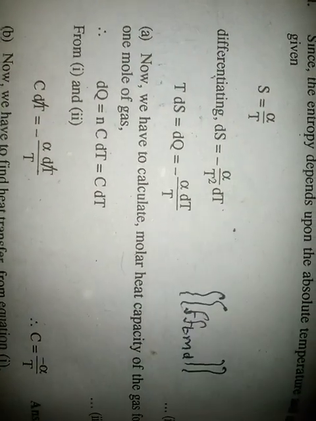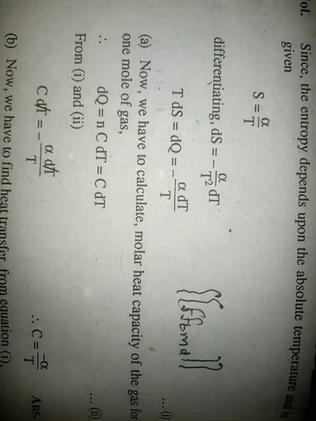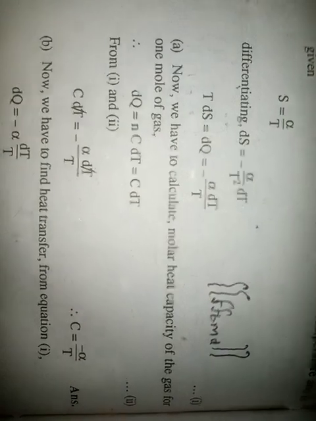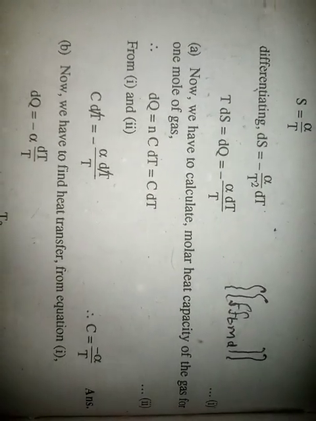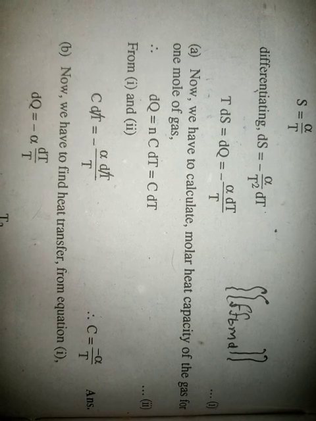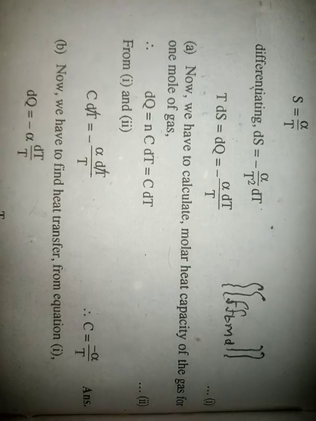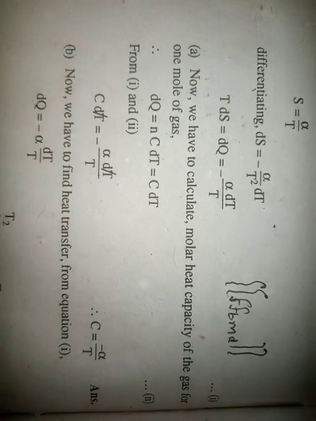Hence dQ equals n times C times dT equals C dT. From 1 and 2, C times dT equals minus alpha dT by T. Hence C equals minus alpha by T.